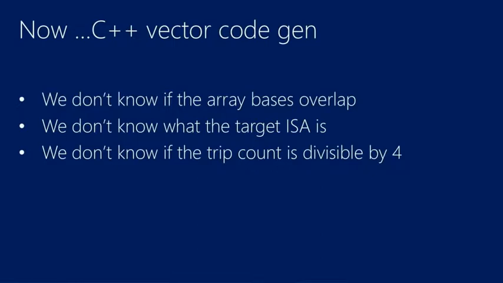All right. So we did the analysis, and we decided it would be legal to vectorize this, but we have a long way to go still. We don't know if the array bases overlap. We don't know what the target instruction set architecture is going to be for the binary that we're going to be producing, right? We're going to produce code that can run on machines that are maybe 8 years old, or we could generate code that targets Haswell.